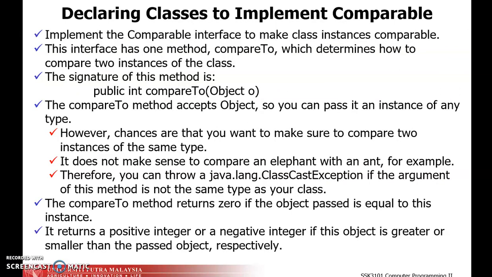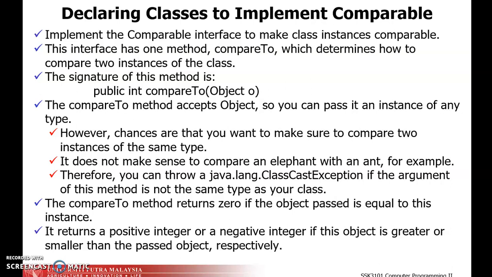Okay, declaring classes to implement Comparable. This slide will provide you with some more details on the Comparable interface. The interface has one method called compareTo, which determines how to compare two instances or objects of a class.